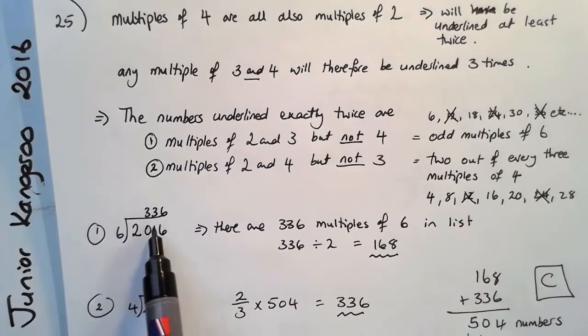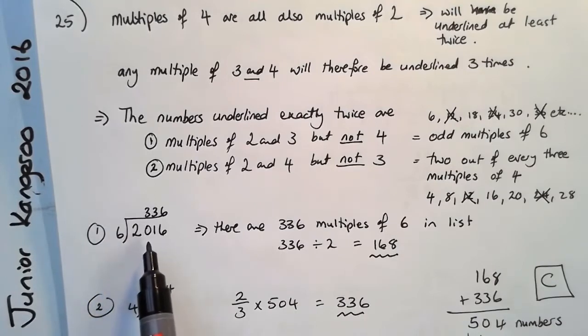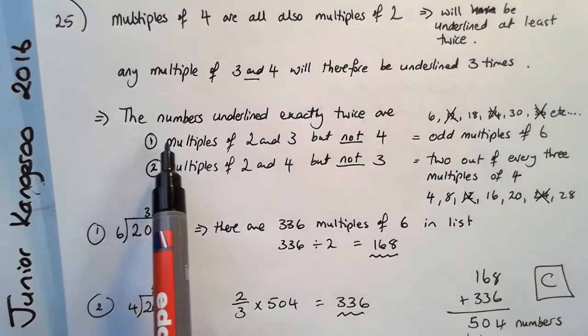So then I've used division. If I've got 2016, I want to know how many multiples of 6 are there in 2016? Well, there are 336. I need only the odd ones, so that's half of them. So I've got 168 numbers that have got 2 underlines for this statement 1.